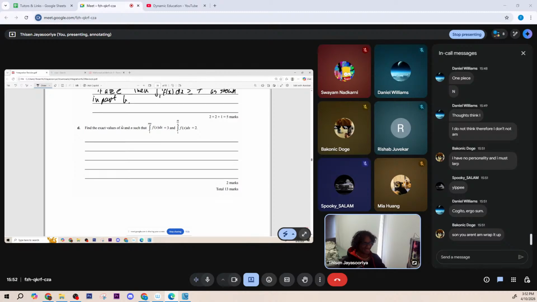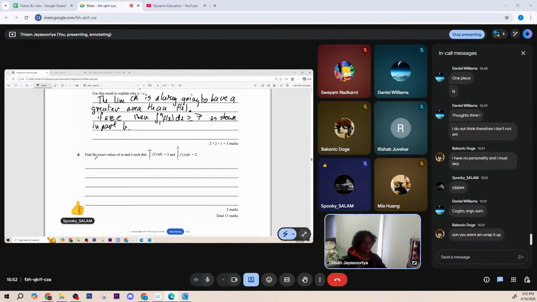Does that make sense? This question's a bit brutal, and it keeps going. It says find the exact values of m and n such that this is true. This is the last question we do. Salah, how can I do this question?